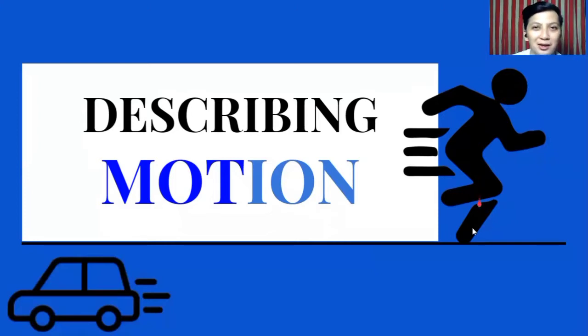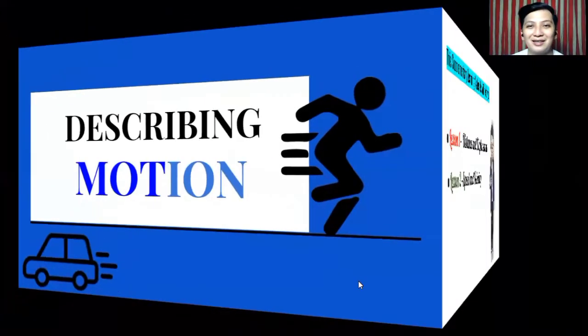Okay, you can see there a running man or you can see there a moving car. So today, you are going to know about motion, o kung ano ba yung paggalaw. Diba? So alam lang natin, we are moving, right? So everything is moving, or we can say that this thing is moving, but how can we describe the things in motion? So let's start.